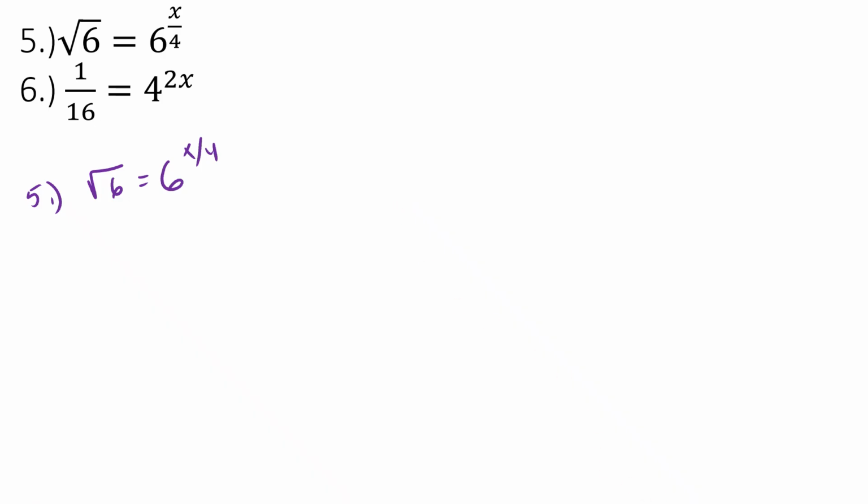And what I always tell my students is if there is one thing you take out of a lesson on rational exponents, it is this: a square root is an exponent of 1/2. So the square root of 6 is 6 to the 1/2.